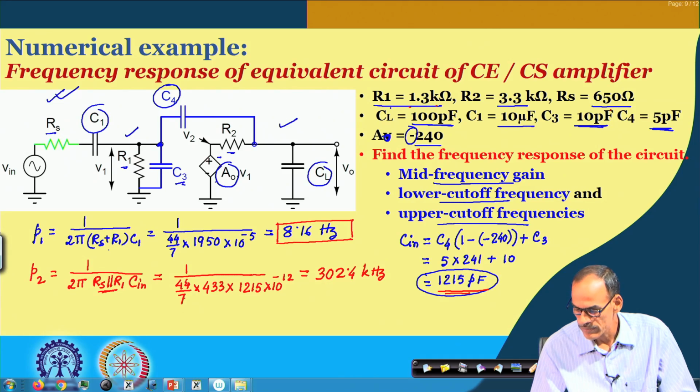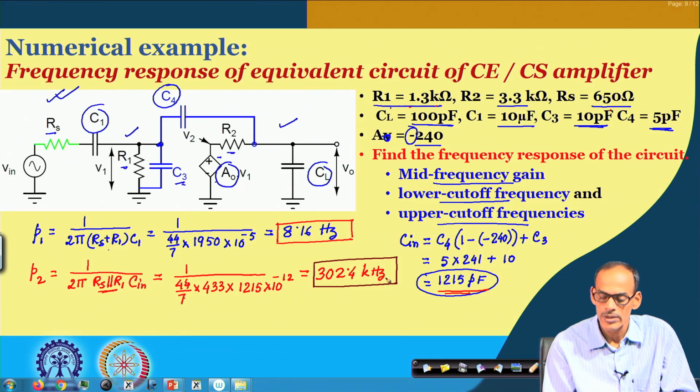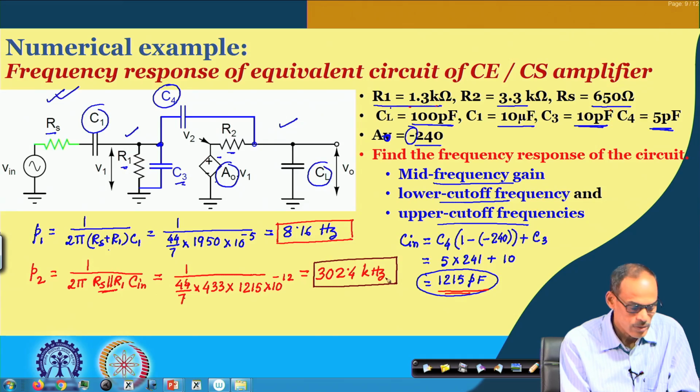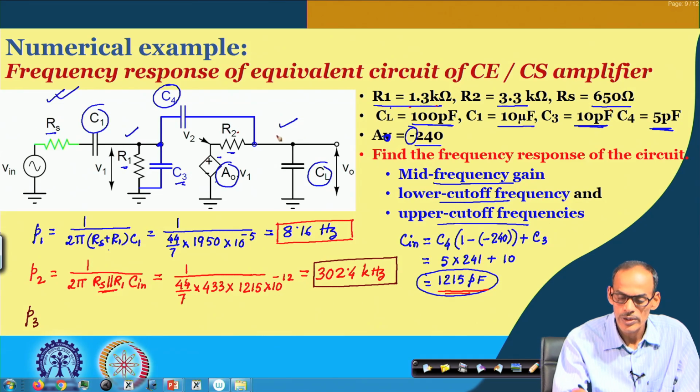So, we do have the second pole given here, 302 kilohertz.